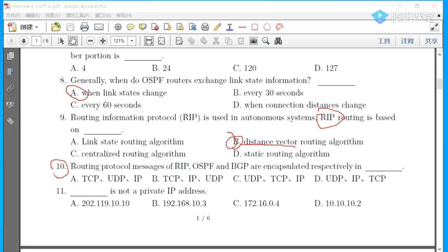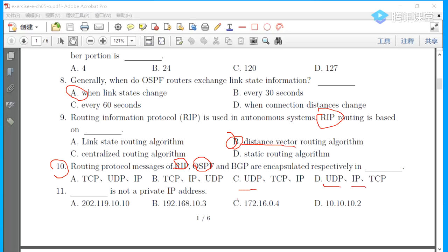Question 10. Routing protocol messages of RIP, OSPF, and BGP are encapsulated respectively in RIP, encapsulated in UDP, OSPF encapsulated in IP.